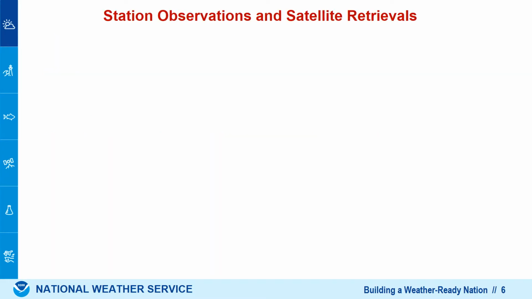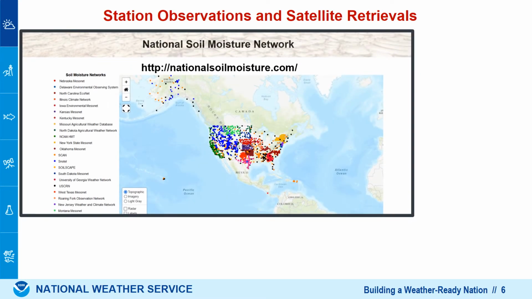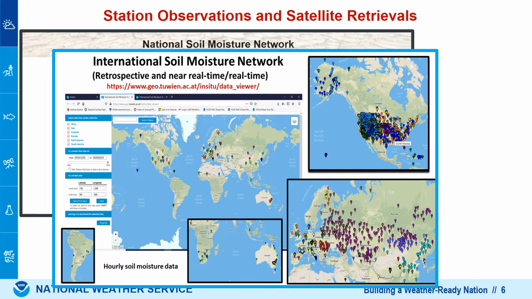This slide shows station observations and satellite retrievals. This shows the National Soil Moisture Network, and this is the International Soil Moisture Network. These two parts include all the in situ measurements from the national and global stations.